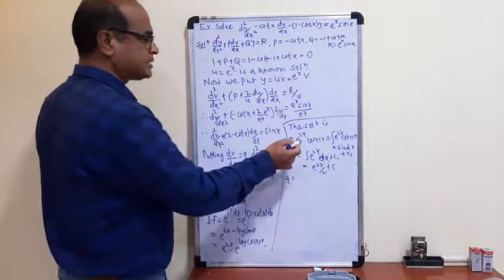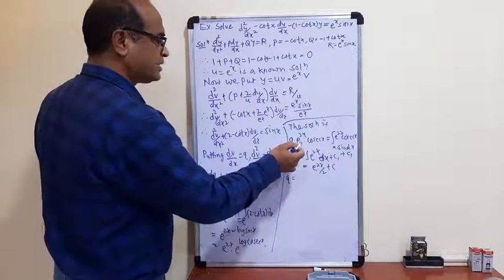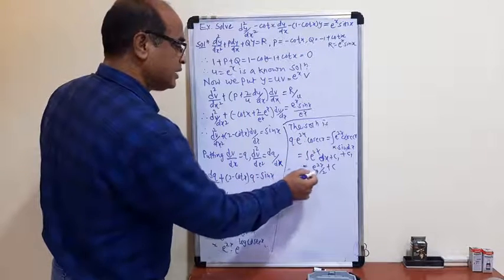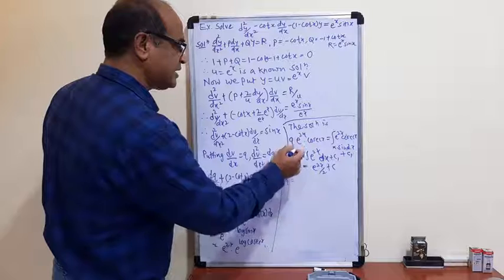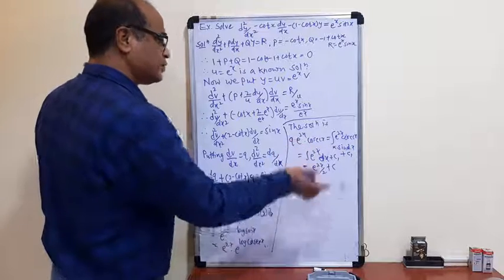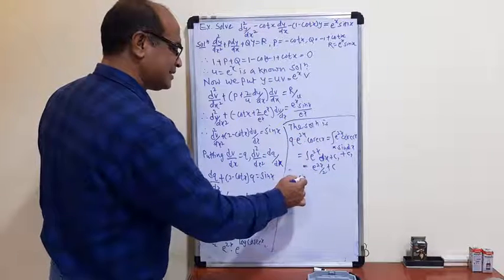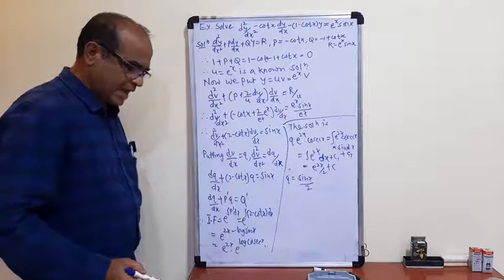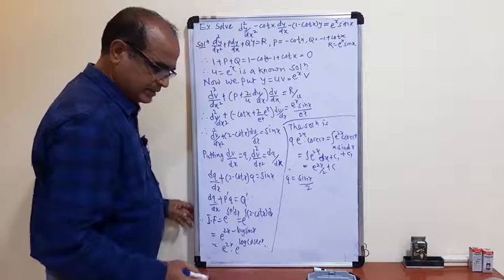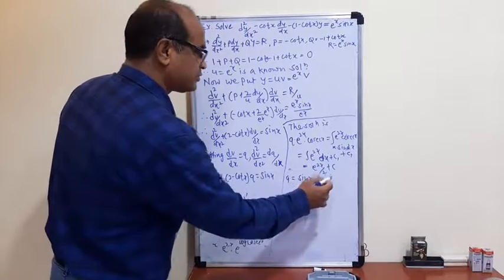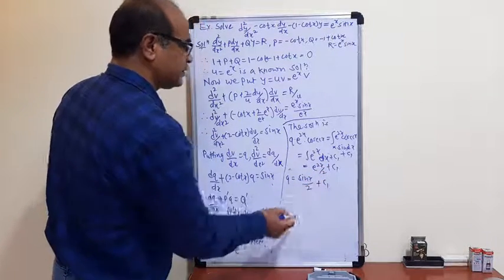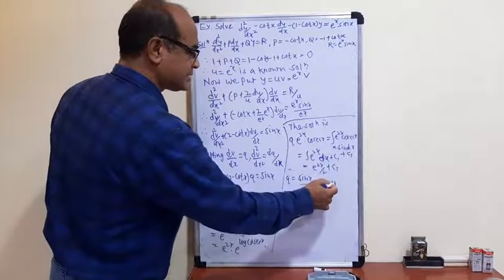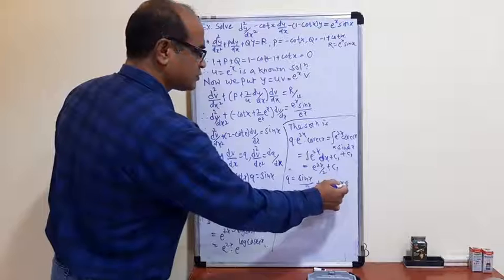Dividing throughout by e raised to 2x into cosec x, e raised to 2x cancels, and 1 upon cosec x is sin x divided by 2, plus c1 into sin x into e raised to minus 2x.